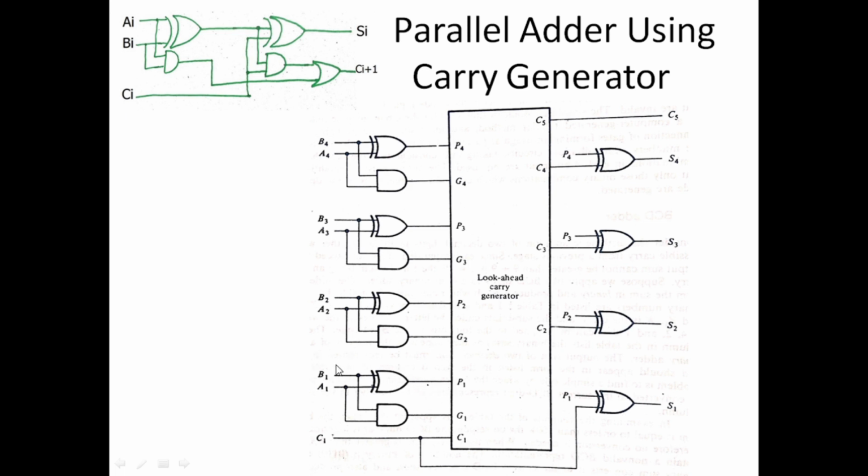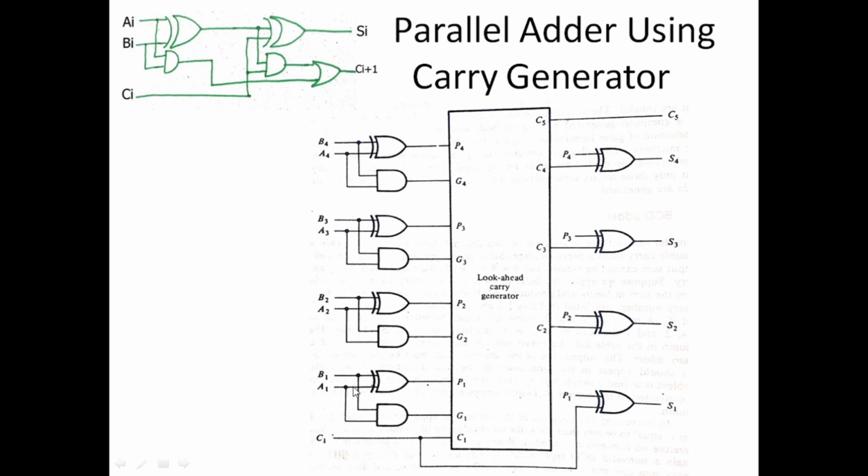This exclusive OR gate creates P1 from the two input bits, which is given as input to this look-ahead carry generator, as well as to this exclusive OR gate. But this connection has not been shown, otherwise it would overload this diagram. Practically there would be a connection from P1 to this P1, but it is not shown for simplicity.